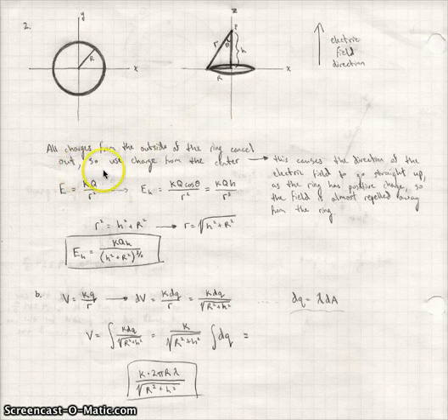I used the formula E equals kq over r squared, derived from Coulomb's law, where the force equals k q1 q2 over r squared. I simplified that so I could solve for the electric field at point P, and I call that E of h. So that equals kq cosine theta over r squared.